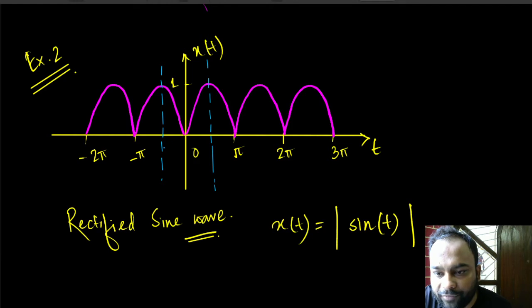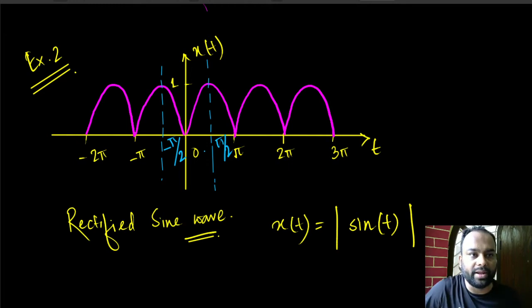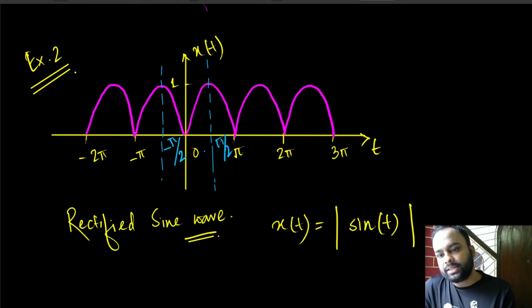So technically we shall have from minus pi by 2 to plus pi by 2. That's going to be one complete period. So for us, this signal has a period of pi, not 2 pi.